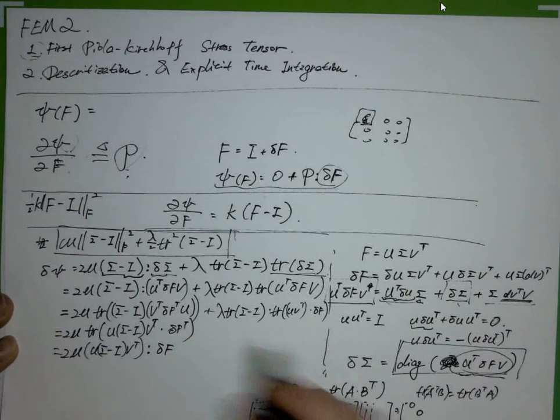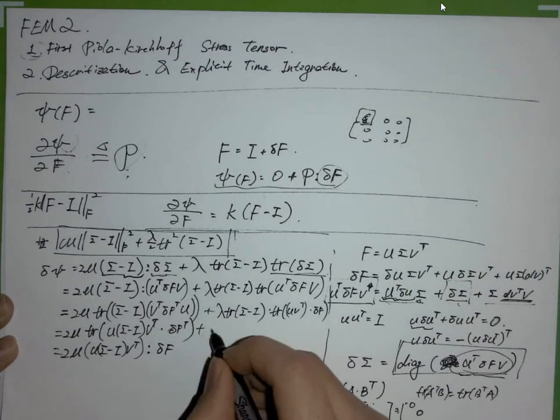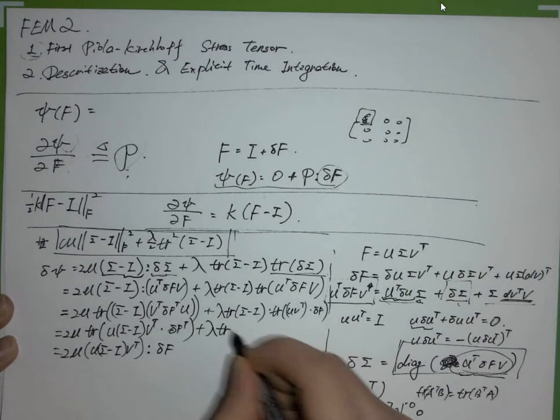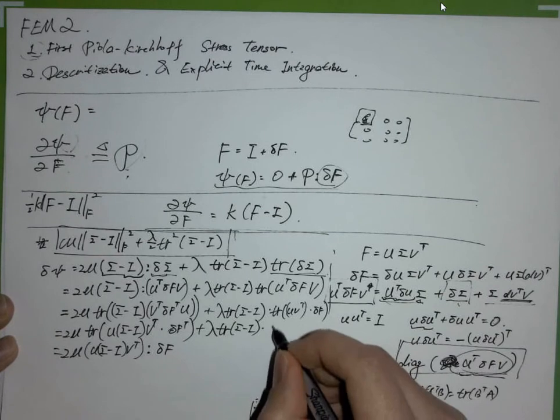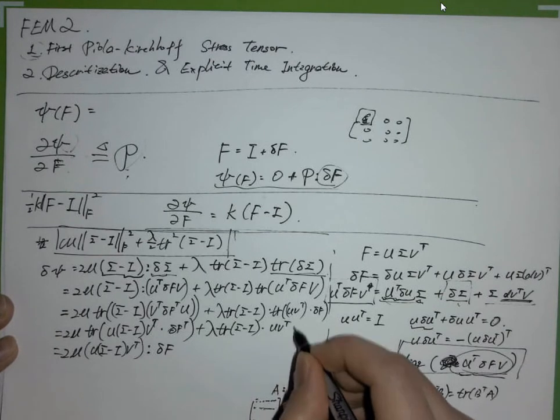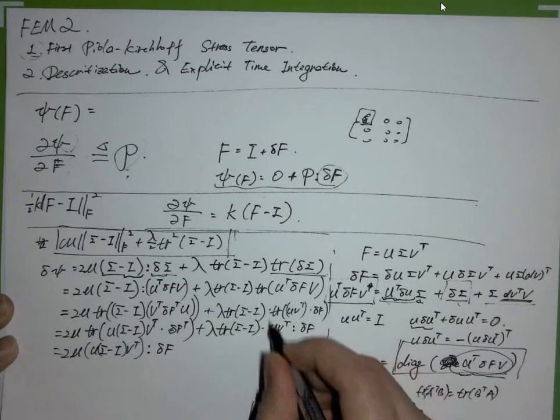All right. So that one becomes lambda trace of sigma minus identity multiplied by U V transpose double contraction delta F.